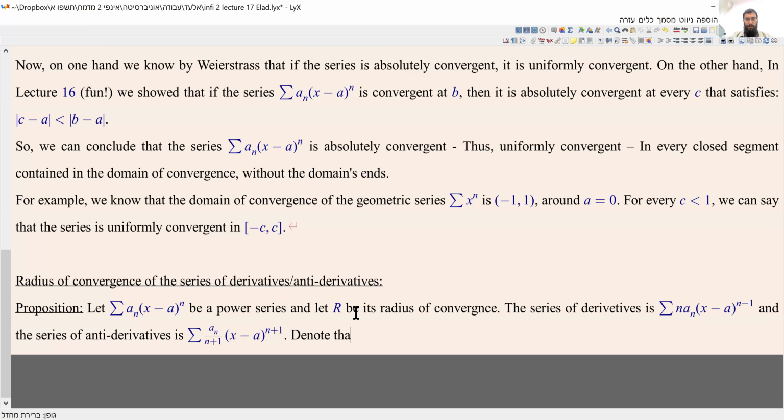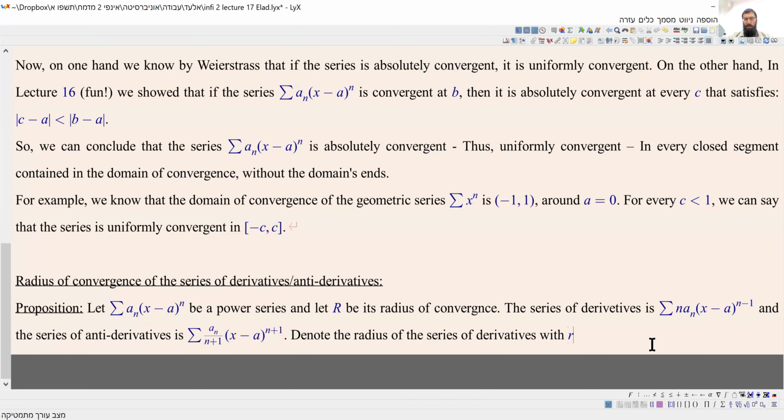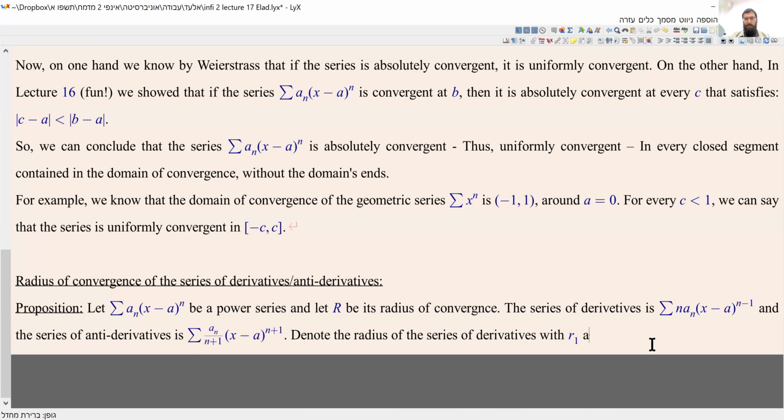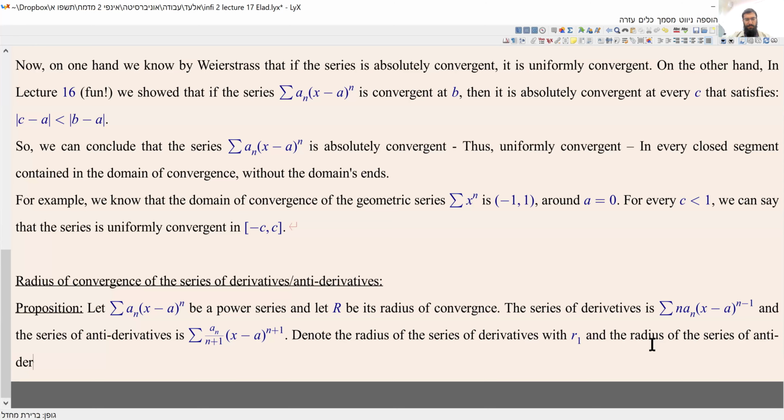Denote the radius of the series of derivatives with, let's say, small r1, and the radius of the series of antiderivatives r2.